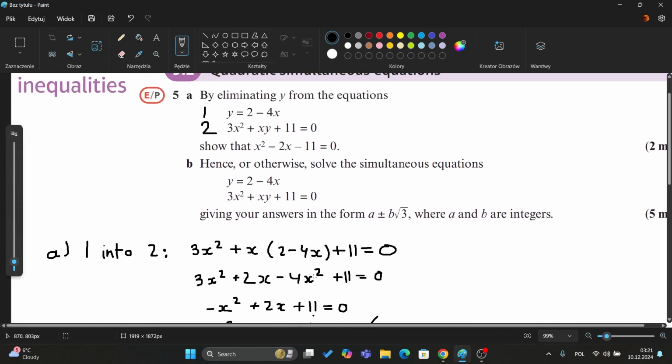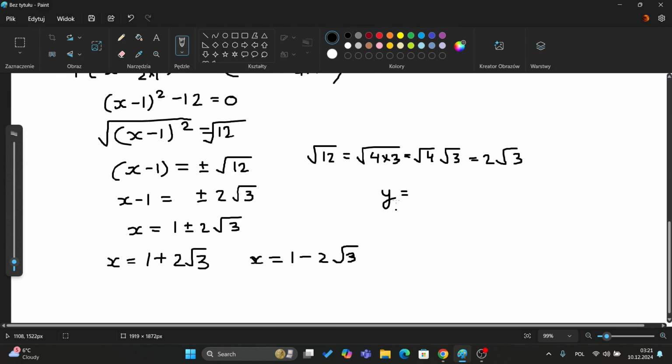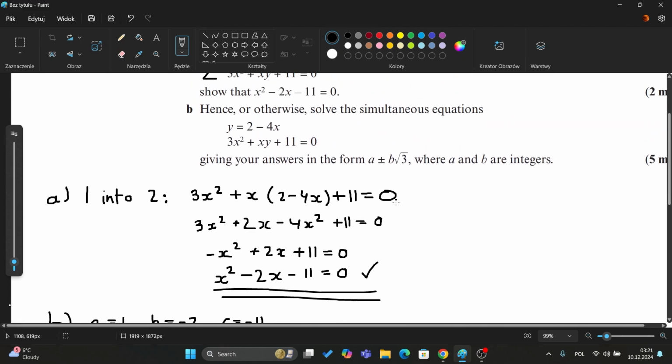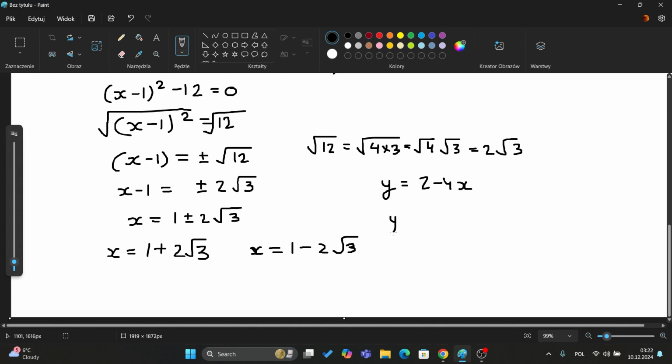Now we have to solve for y. So y is equal to 2 minus 4x, and therefore y can be 2 minus 4 times (1 plus 2 root 3), which is going to be 2 minus 4 minus 8 root 3, which is negative 2 minus 8 root 3.